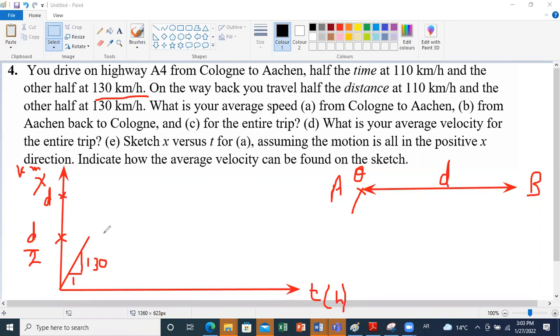Now, the intersection between this straight line and d/2 will represent the time needed for the first phase. So graphically, I can find this time, since I know the slope of this line.